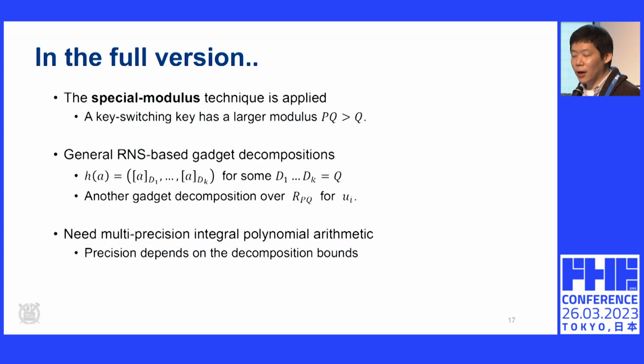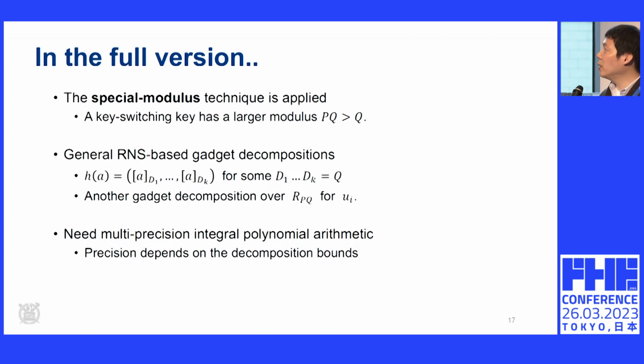Moreover, I just explained prime decomposition for simplicity, but you can use an arbitrary RNS-based gadget decomposition, where the decomposition is defined by A modulo D_1 to A modulo D_K. D_1 to D_K is again a product of several word-size primes. And you can use another decomposition over modulus PQ for this key switching. So you have one gadget decomposition for A, and another gadget decomposition for U.